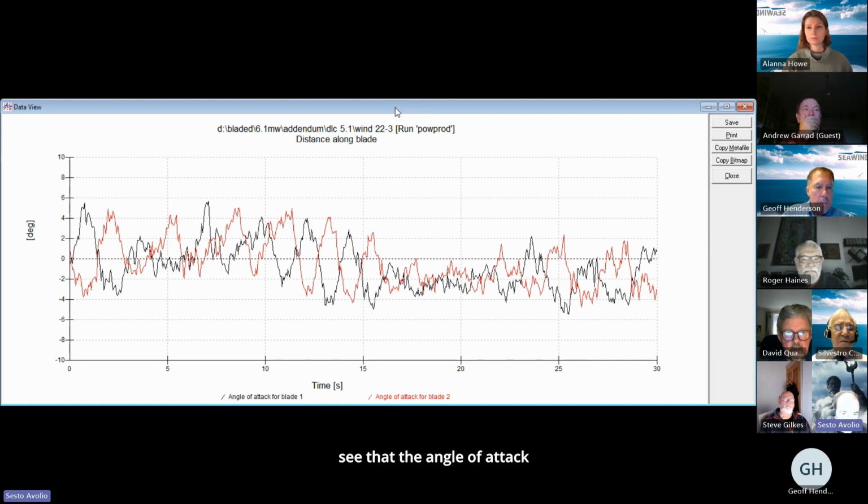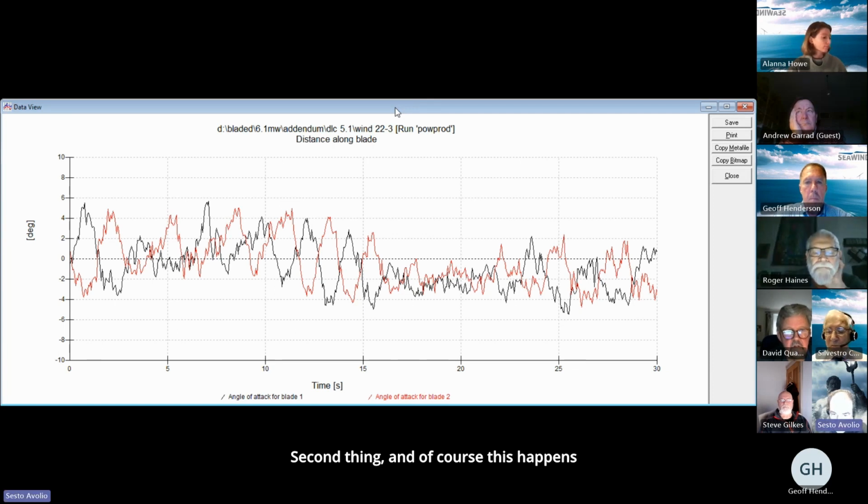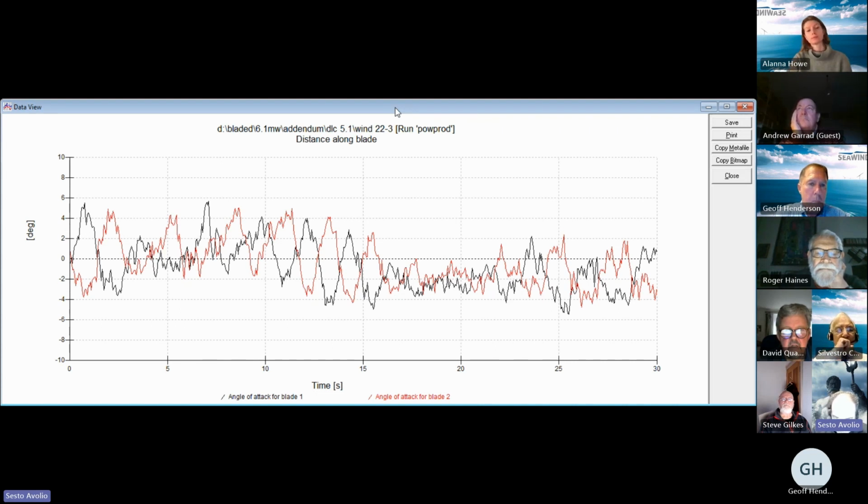You can see that the angle of attack stays between 6 plus or minus 6, so it is quite in the linear region most of the time. And of course this happens with the turbine yawed out from the wind at 60-65 degrees.